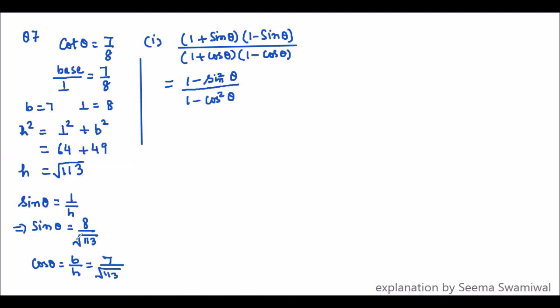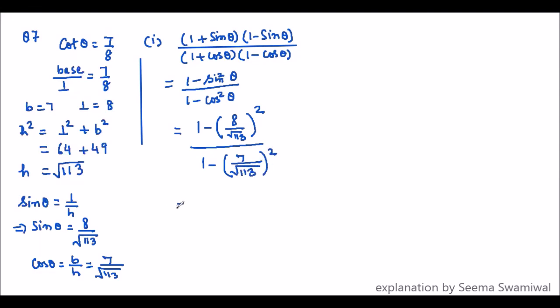Putting the values that you got here, this is 1 minus, in place of sine square theta, I will put its value: 8 upon square root of 113 whole square, upon 1 minus 7 upon square root of 113 whole square.